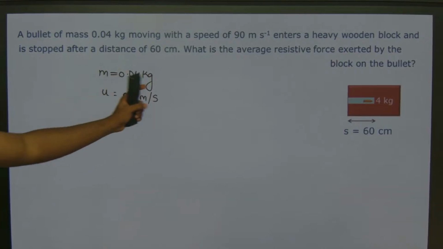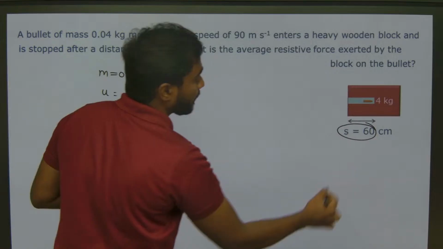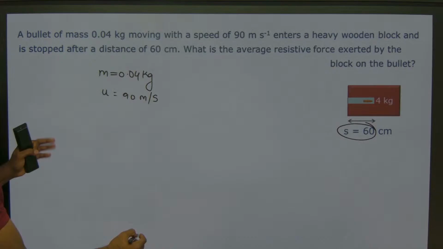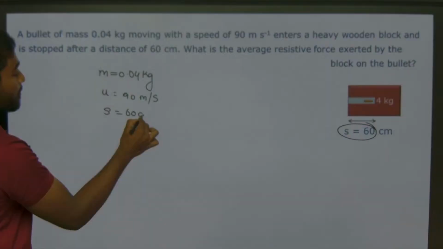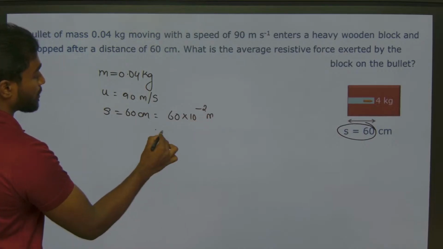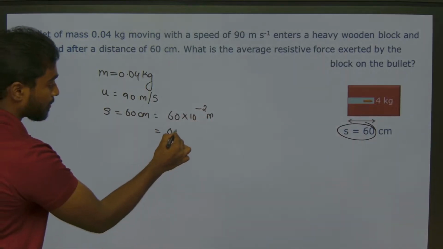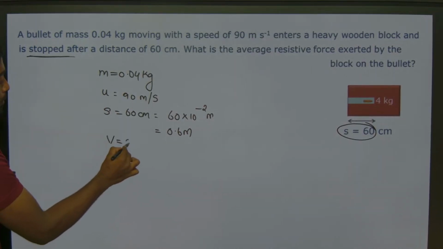It enters a wooden block and has been stopped after 60 centimeter, so S equals 60 centimeter. If I convert it, it will be 60 into 10 power minus 2 meter, which is nothing but 0.6 meter. Stopped in the sense final velocity will be equal to 0.